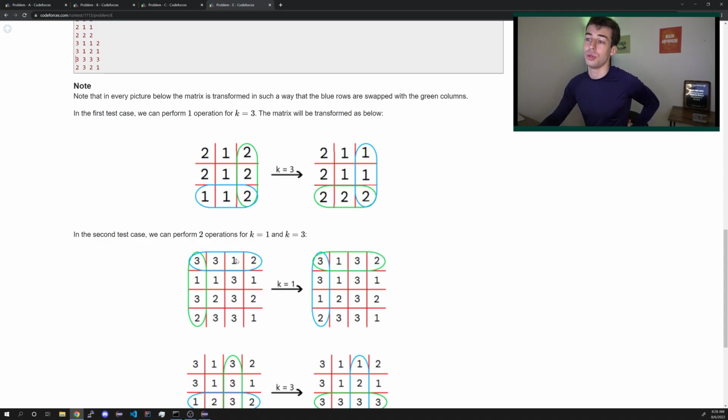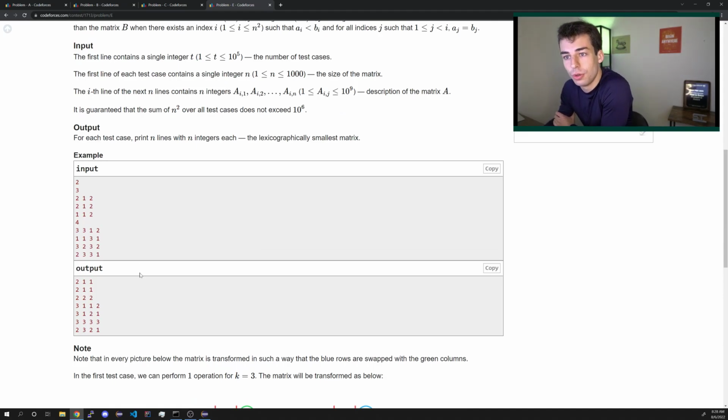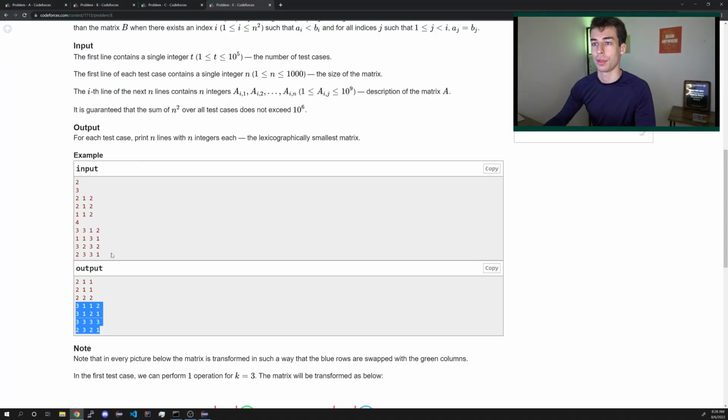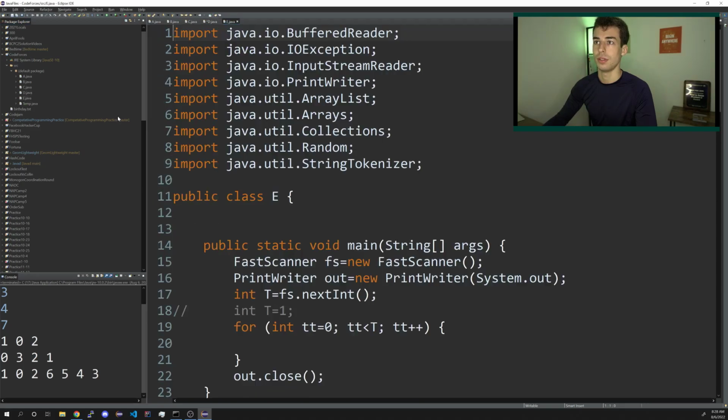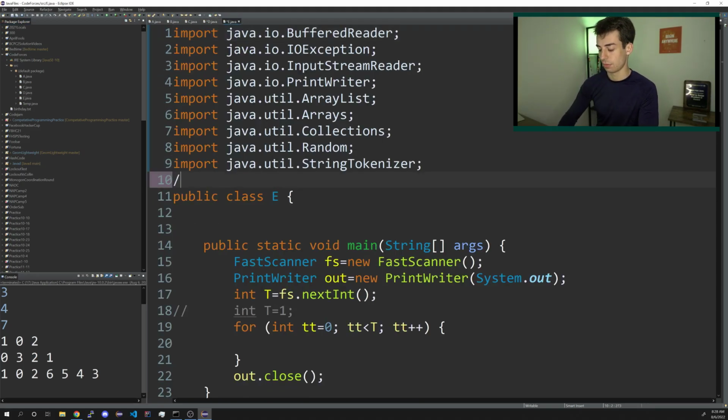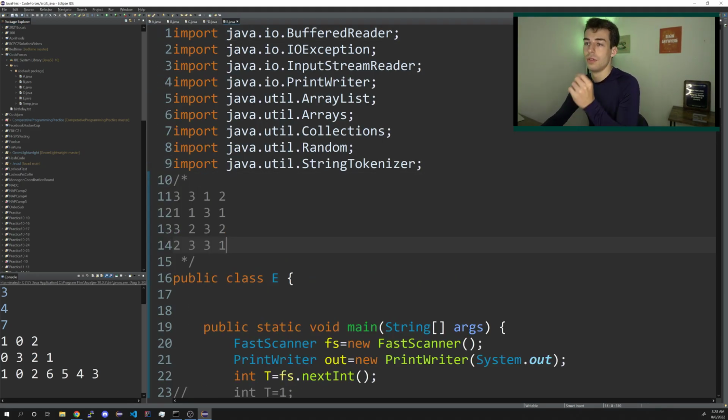You can choose to swap these two if you want. So wait, the first row. Let's look at the input. So the first row is the most important.